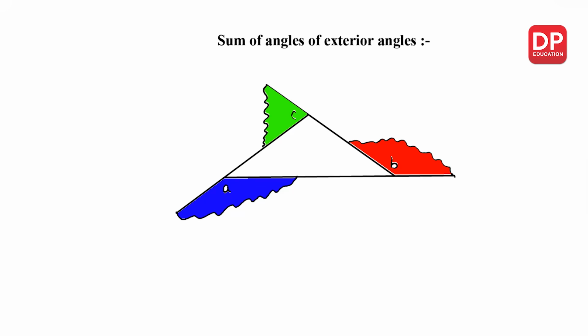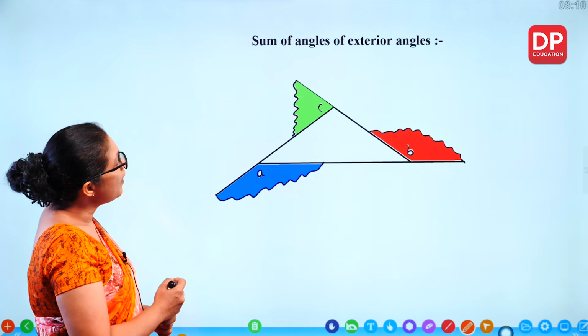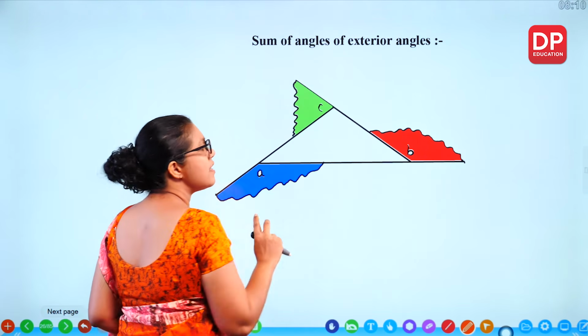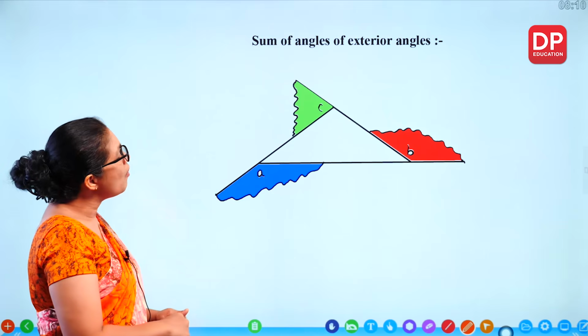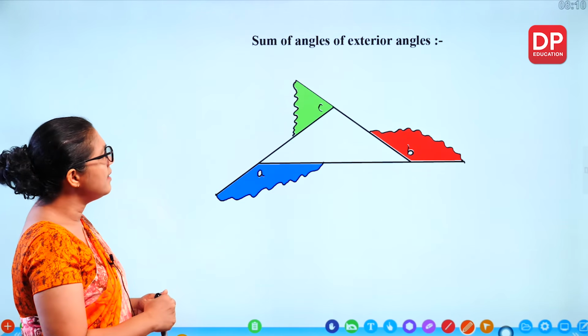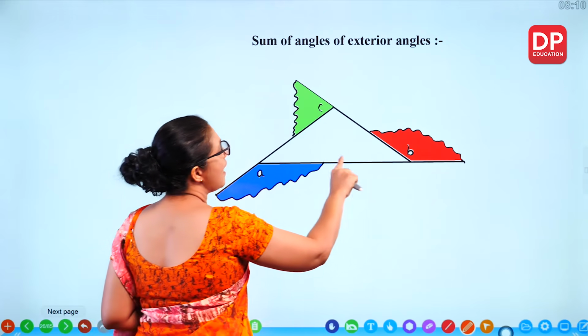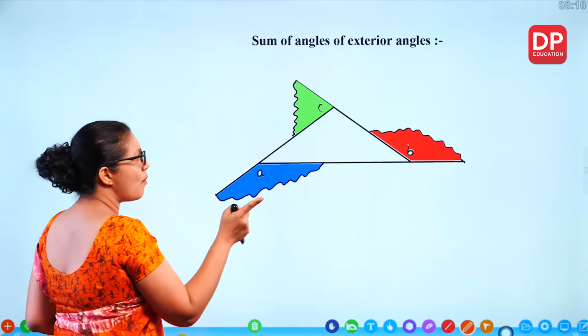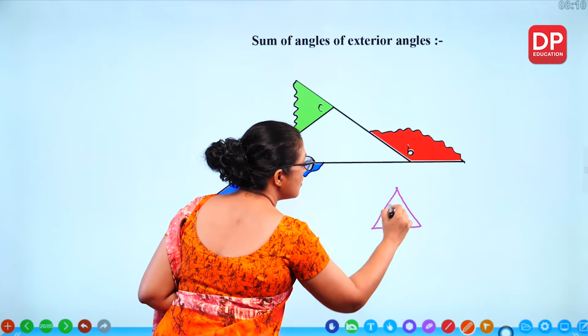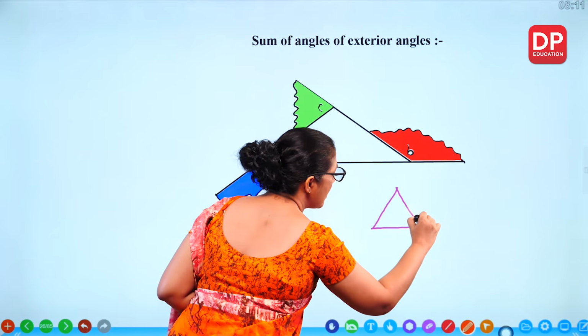Now we'll look at the relationship between all exterior angles. So we want to find out what's the sum of these 3 exterior angles. So what can you do? You can draw any triangle and extend the lines either anti-clockwise or clockwise. If you are doing clockwise, you have to do this way.